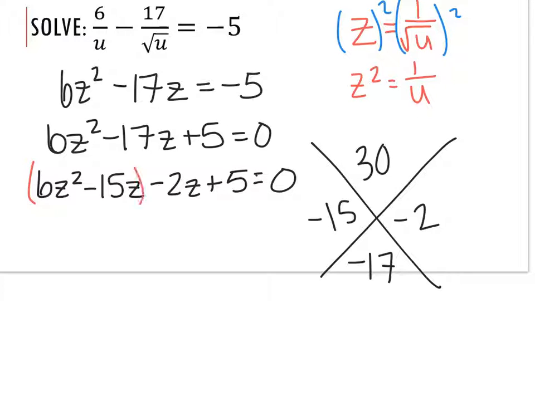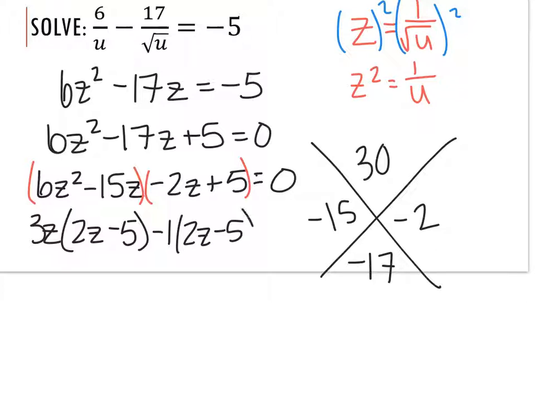I'm going to group the first and last two together. Who gets to come out of the 6 and the negative 15? Well, a 3 does, and a z gets to come out too. So we still have 2z minus 5. And in the second one, we need a negative 1 to come out so that we also have a 2z minus 5.